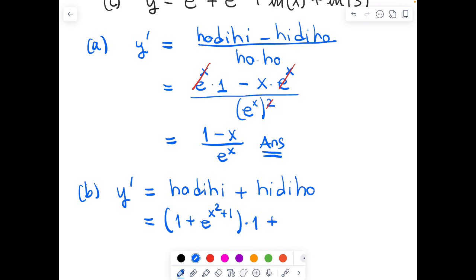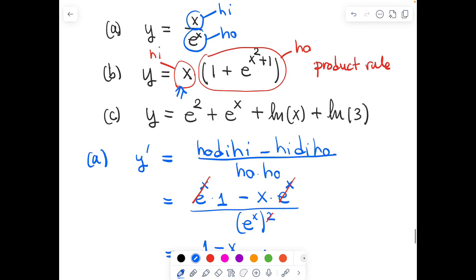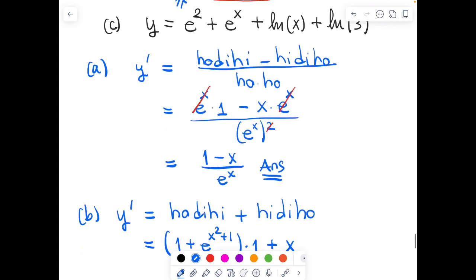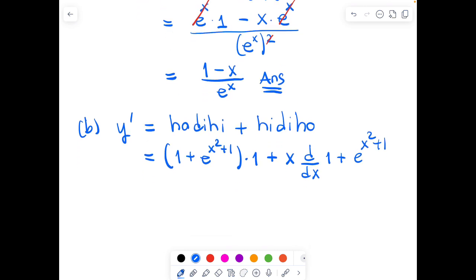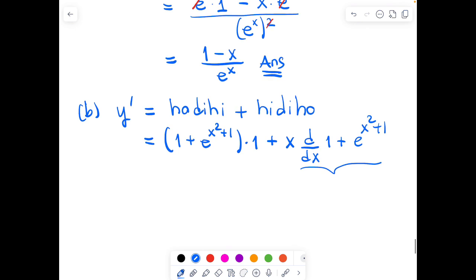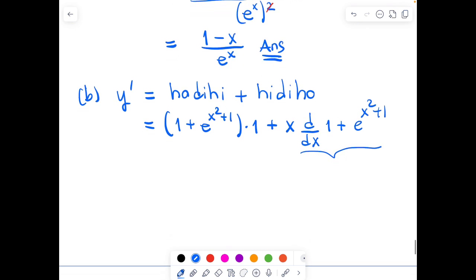Plus high is the x, differentiate whole. That means differentiate this whole thing, right? So we need to differentiate 1 plus e to the power of x squared plus 1. So what's left is this differentiation which needs to be worked out. So differentiate 1, you get 0.